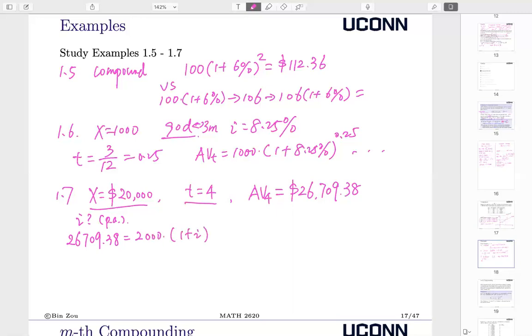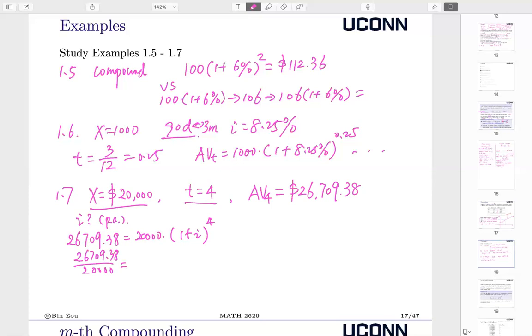1 plus i, I'm missing a 0. So now the reason why I ask for a little bit more attention is some of you may have issues solving this equation, because this is an algebraic equation. In order to solve this, first of all, we divide by 20,000.